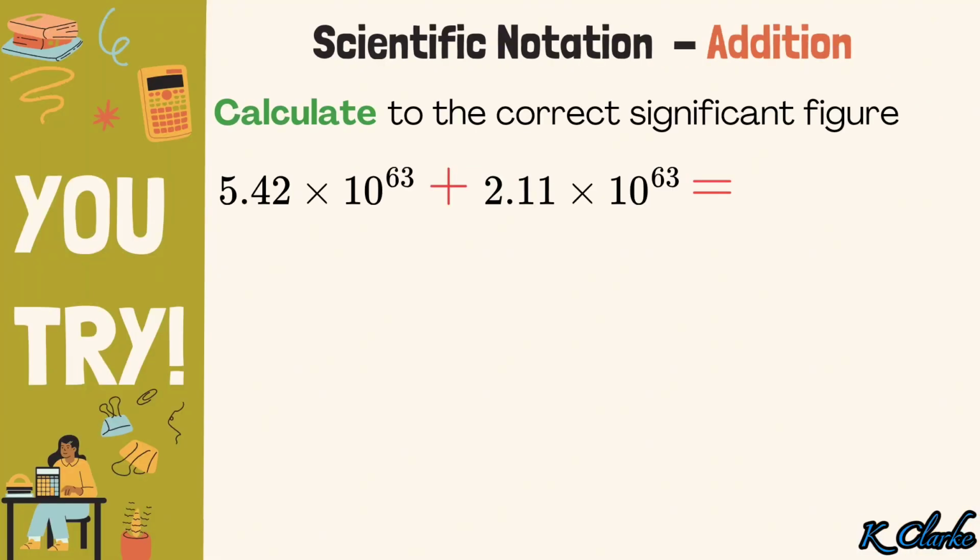Now you try. Calculate to the correct significant figure 5.42 times 10 to the power of 63 plus 2.11 times 10 to the power of 63.